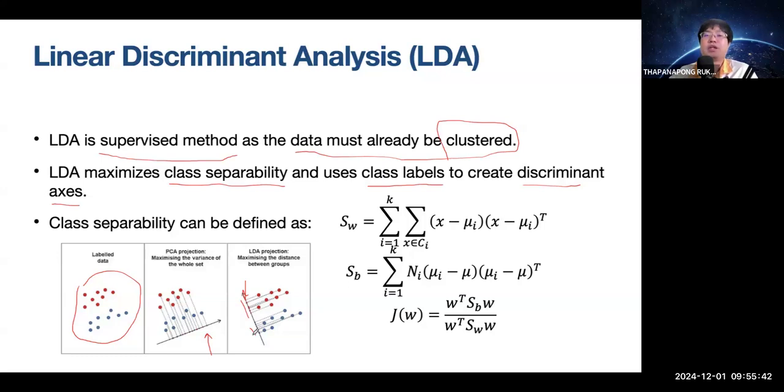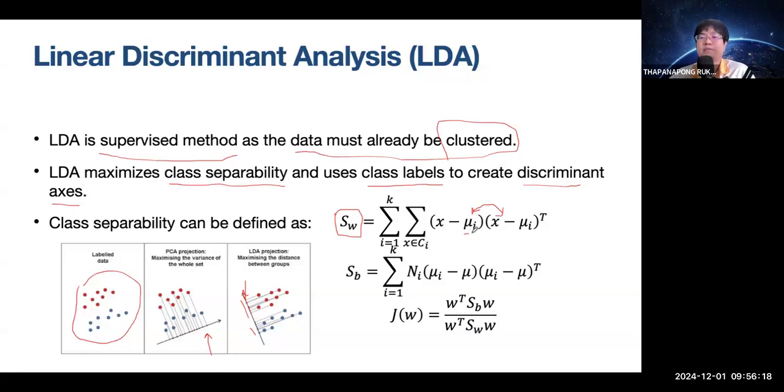And in LDA, we have two measurements. We have SW, called a similarity score. W stands for within class. It measures basically the distance between the average of the cluster.